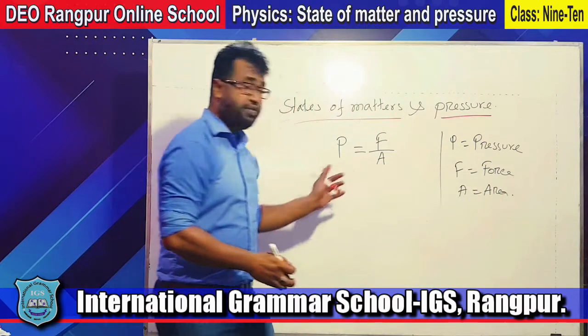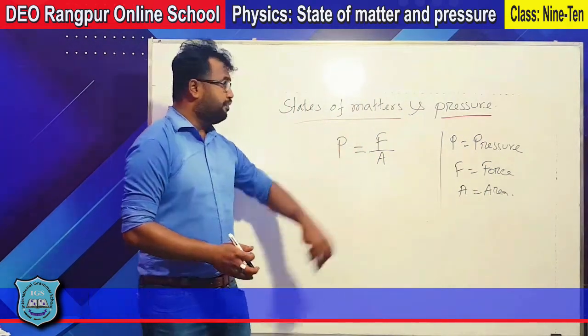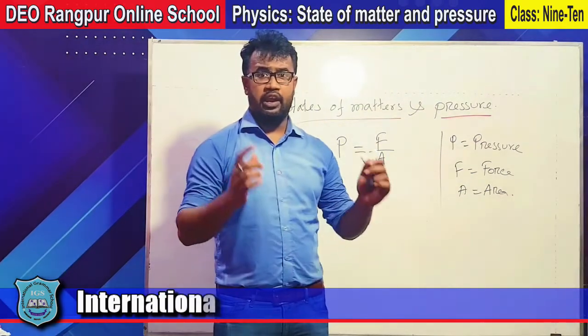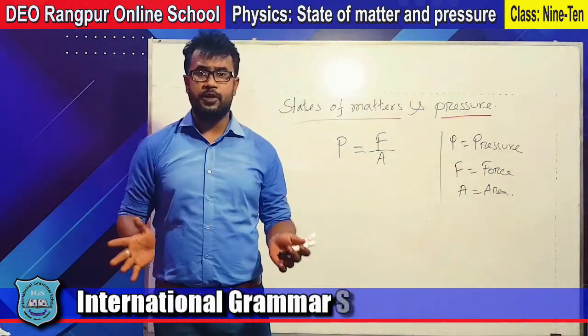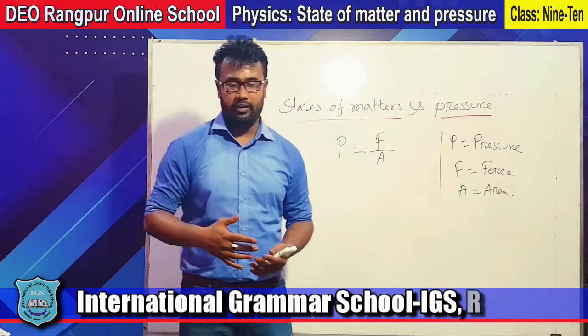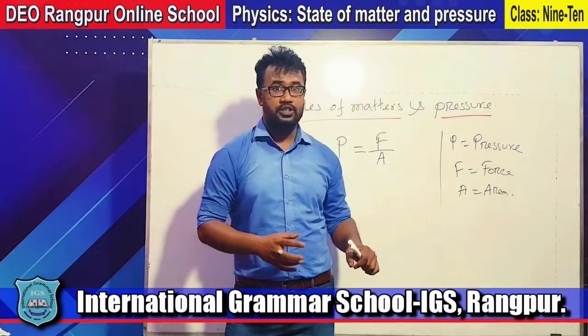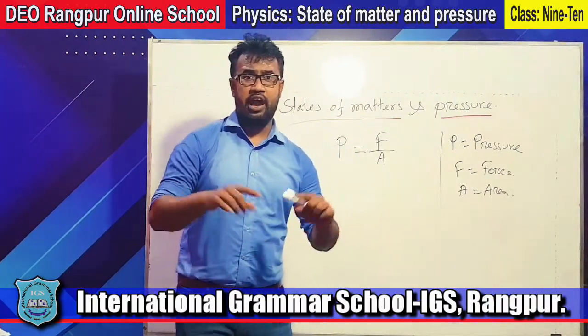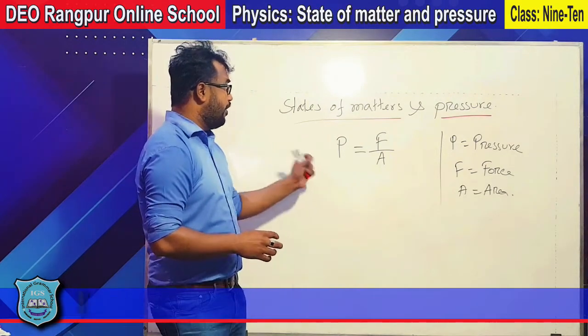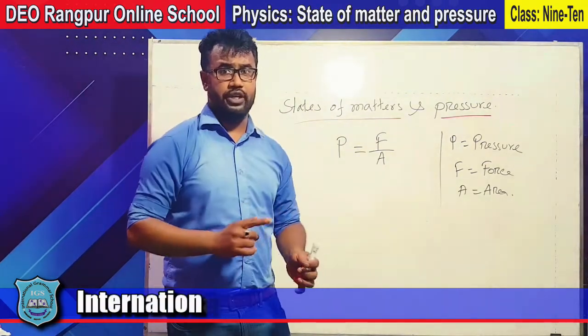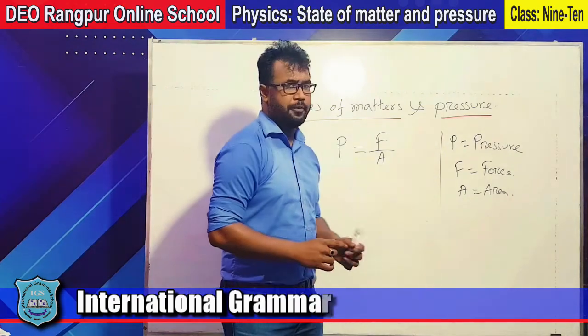So we can easily define pressure now. Applied force on a unit area is known as pressure. I'm repeating again: the force we are applying on a unit area, that means 1 meter square space, that is pressure.